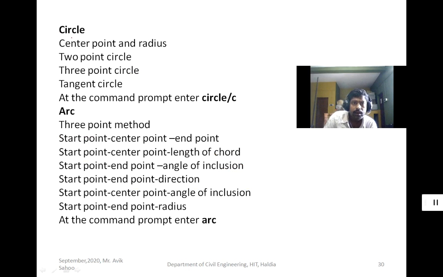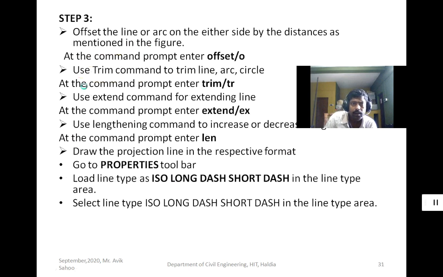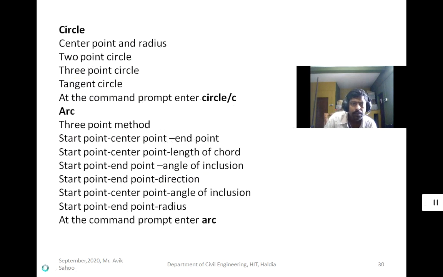The different circles used here are: center point and radius, 2-point circle, 3-point circle, tangent circle. At the command prompt, enter circle or C, or using the graphical interface you can also choose the circle command.